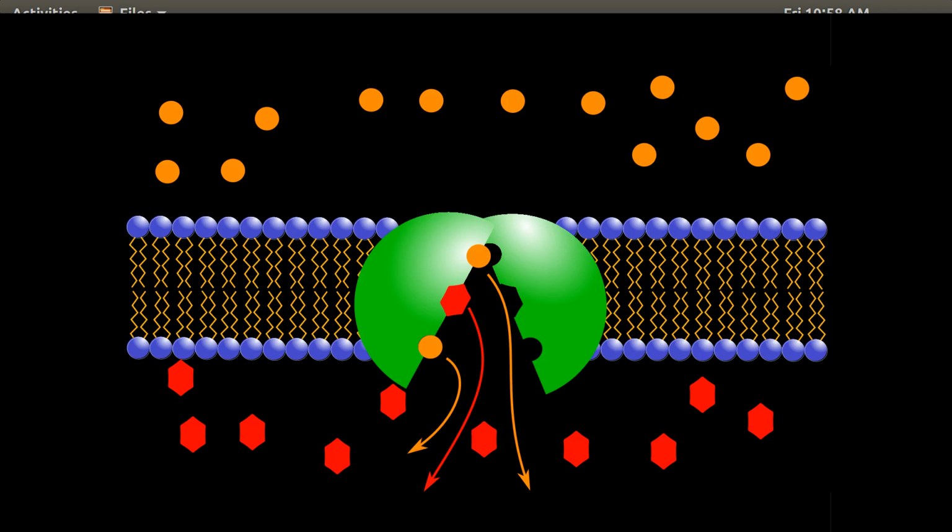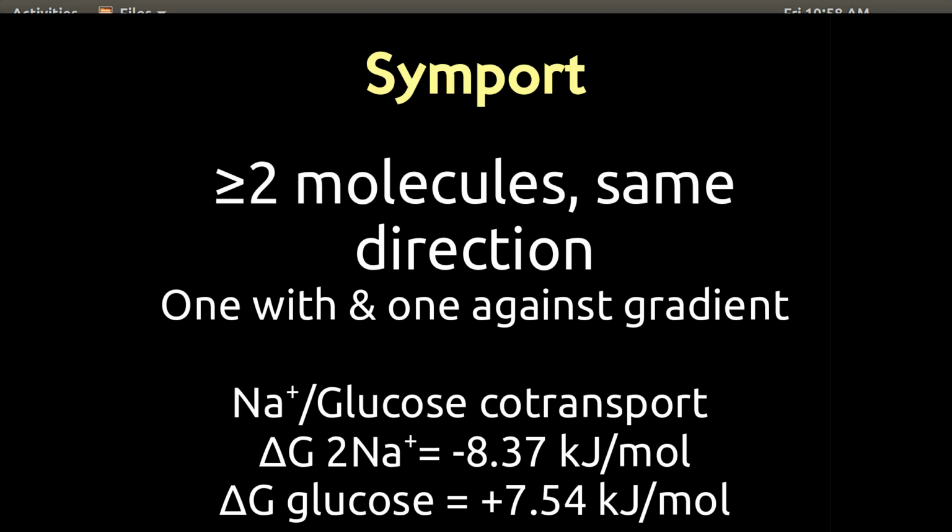Now, because these orange ones are going down their electrochemical gradient, we actually can pay for this one going up its electrochemical gradient. So an example of this would be the sodium glucose transporter that takes two sodium and transports them across down their electrochemical gradient, and one glucose going against its electrochemical gradient.